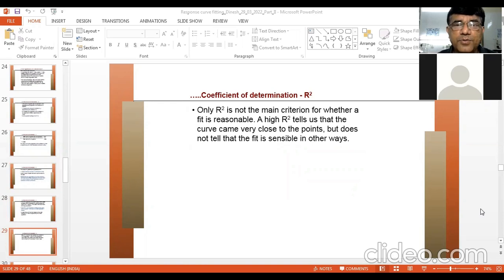A higher R square tells us that the curve came very close to the points, but does not tell us that the fit is sensible in other ways. Many times, a statistician is never satisfied and goes on. I will show you where these statisticians love to play with the data.